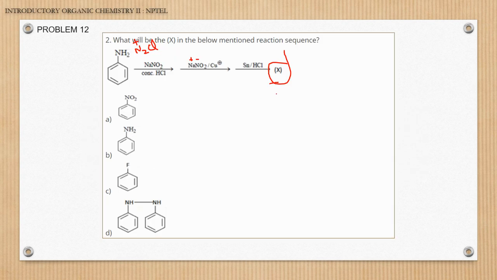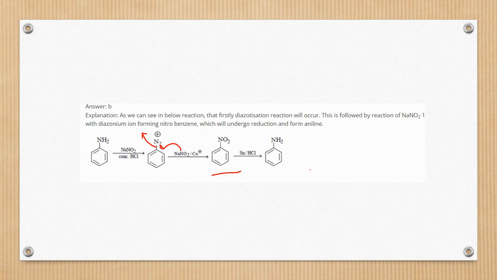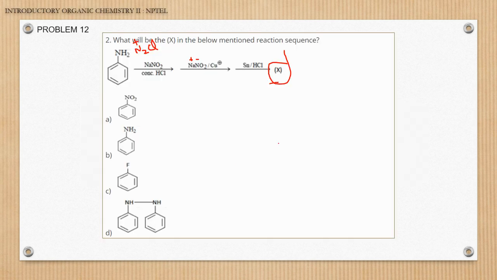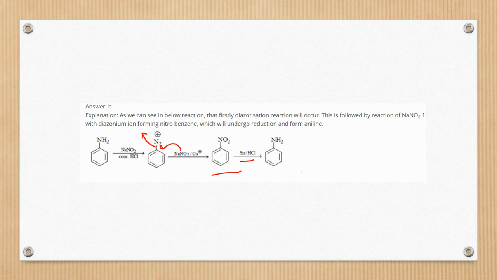In the presence of tin and HCl, the nitro group is reduced to give you again aniline. So that is how you have got an aniline to aniline conversion.